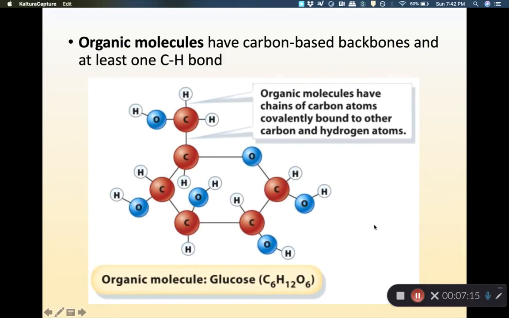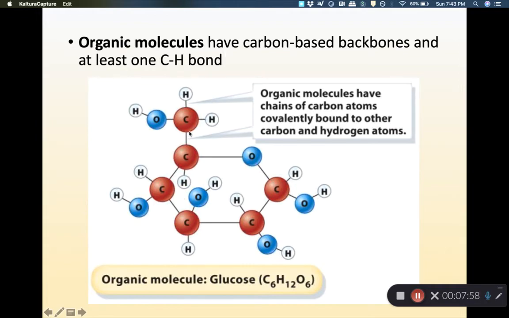When we're talking about organic molecules, we're talking specifically about carbon molecules that have carbon backbones. You can see here structurally we have this ring structure. Oh, actually, no, this is not a hexane. Sorry, there are only five. If you take any organic chemistry, you'll come across hexane quite intimately.